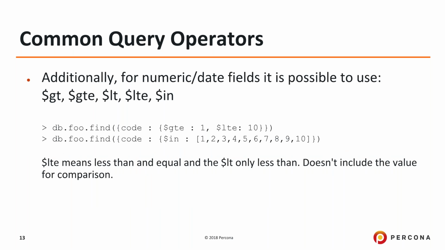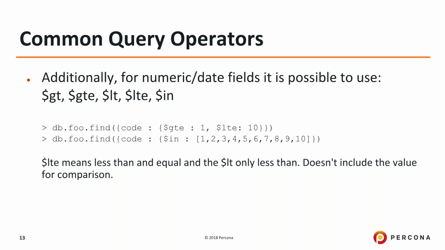For numeric and date types, it's possible to use the greater than and less than operations that you might expect. They use $gt, $gte. You can probably see the pattern there. And they can be used in find queries in braces, basically, so in their own subdocument.